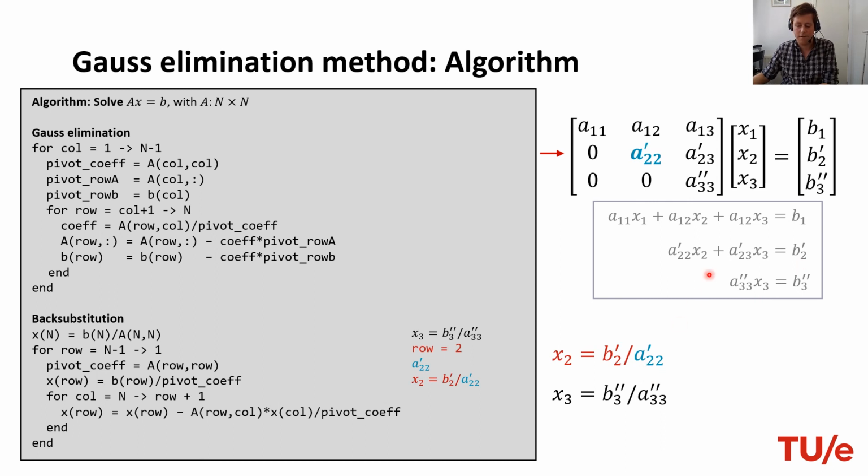But this is not sufficient. In order to get the full true solution, or the numerical approximation for x2, we also need to take into account the contribution of this third column element in the matrix. So we have to loop over the columns starting from the last one up until the diagonal, not including the diagonal, so that we can do using this indexing over here. And in this case, the only column that we need is column 3.